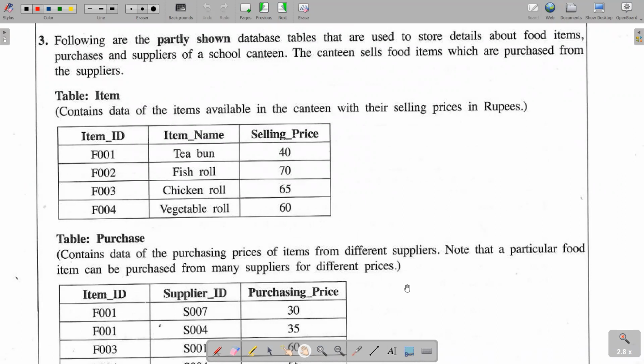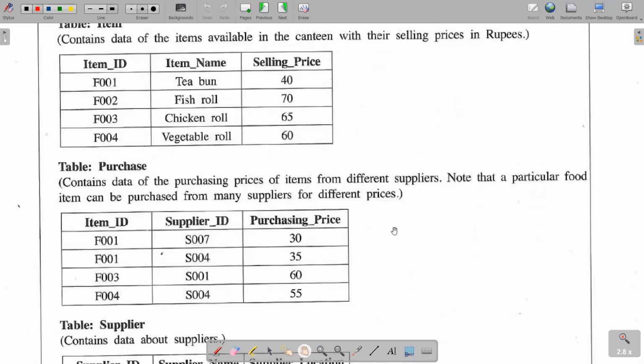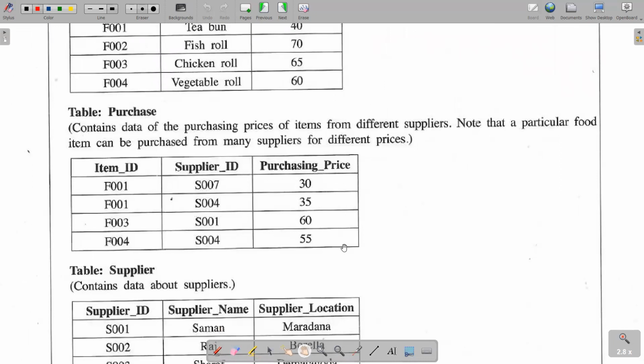The item table contains data of the items available in the canteen with their selling price in rupees. The purchase table contains data of the purchasing price of items from different suppliers. Note that a particular food item can be purchased from many suppliers for different prices. And the supplier table contains data about the suppliers. That's what we have here.